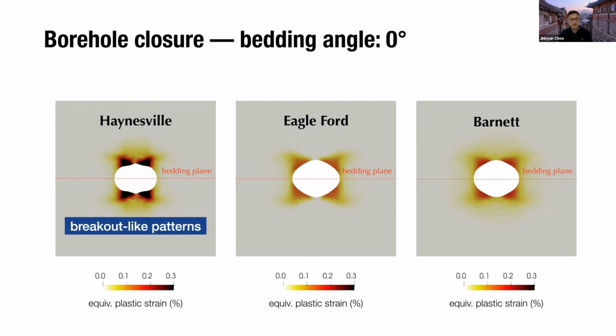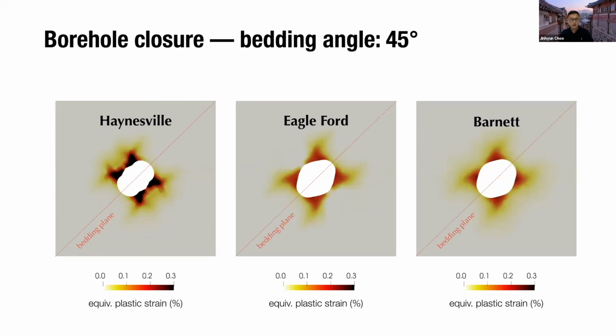So this suggests that although the general qualitative pattern may be similar for shale, which is anisotropic and viscoplastic, their specific patterns and quantitative results can be quite different according to specific constitutive behavior.